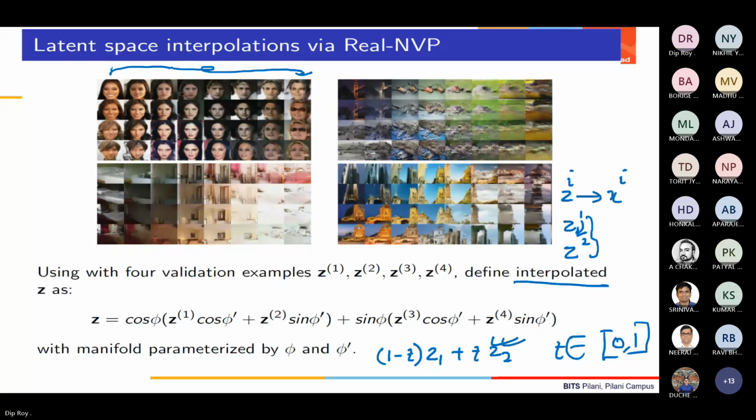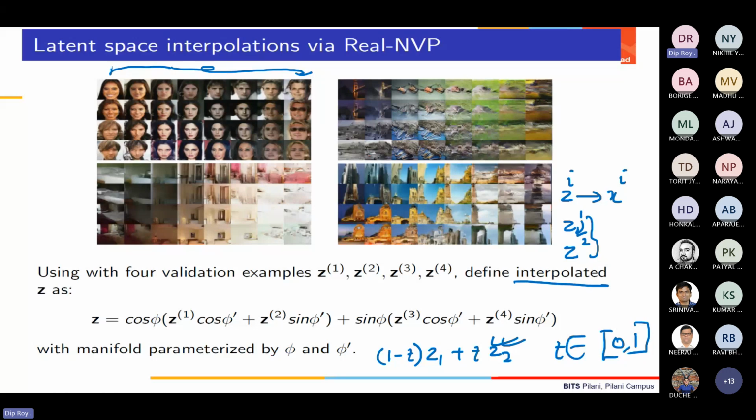The key thing to note here is that during training, there is no interpolation. Interpolation is a diagnostic tool.